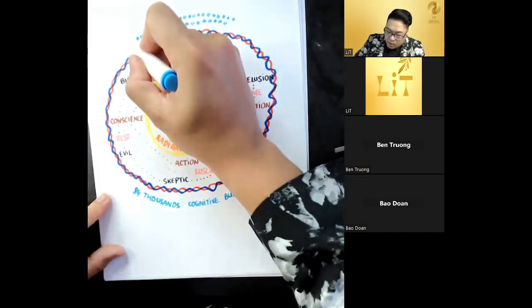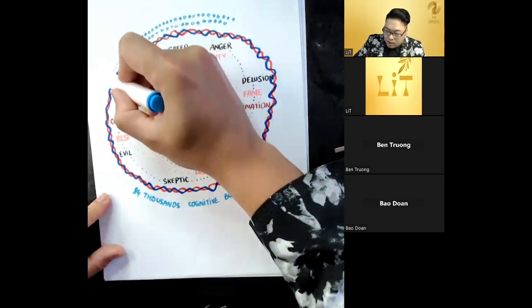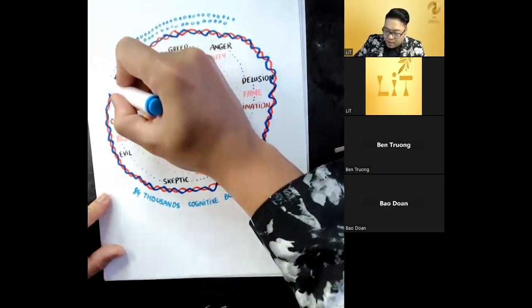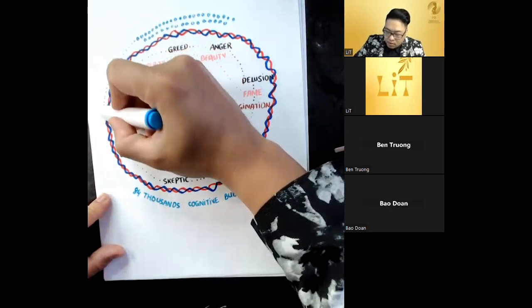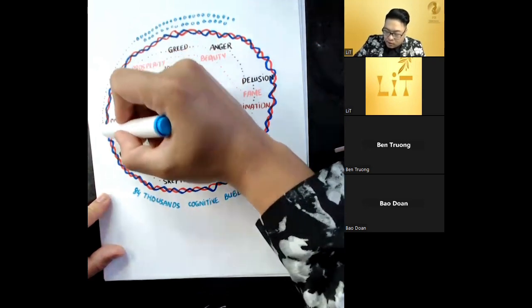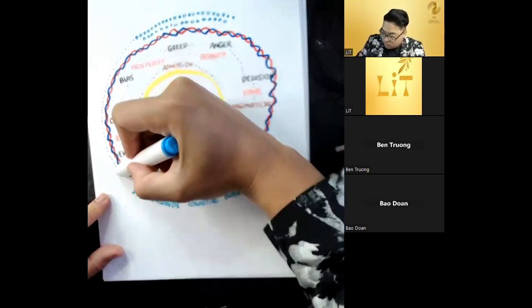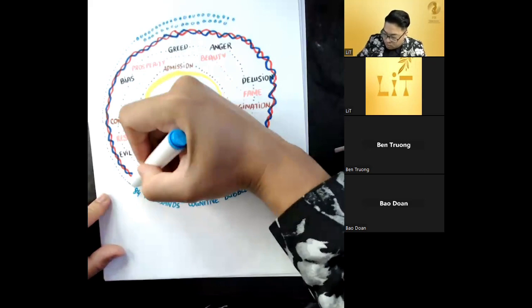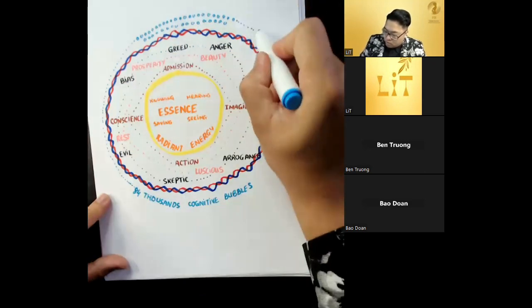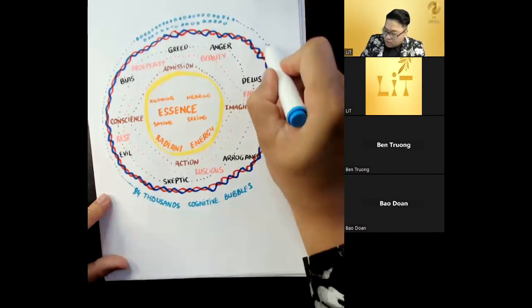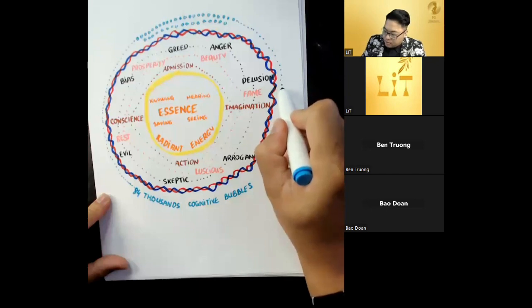Once again, we are going to connect it with dots to represent the connection of a layer. This is also a representation of the cognitive bubbles.